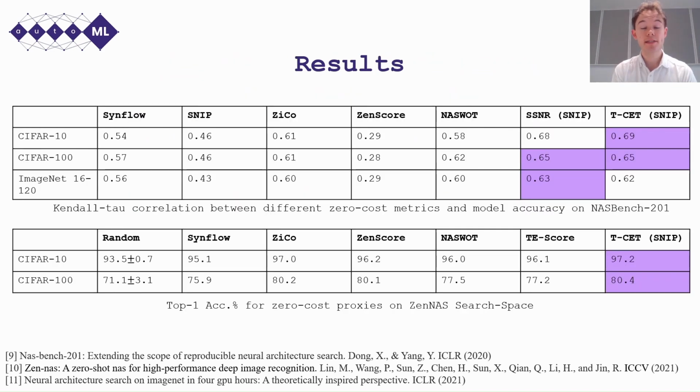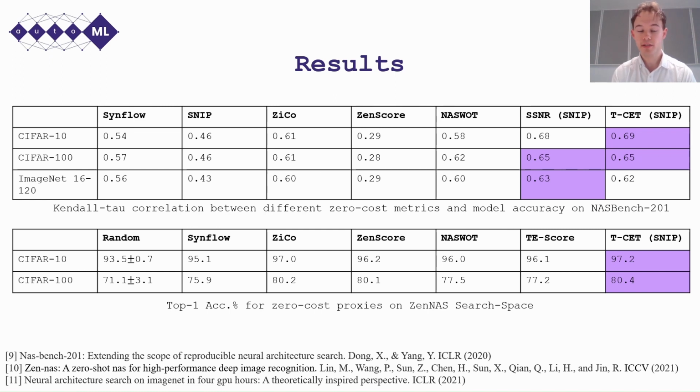We found that SSNR and TSET consistently outperformed state-of-the-art metrics in almost every search space in which we compared them. For brevity here, we can see just the results of NAS-Bench-201 and a more practical search space of ZenNAS.